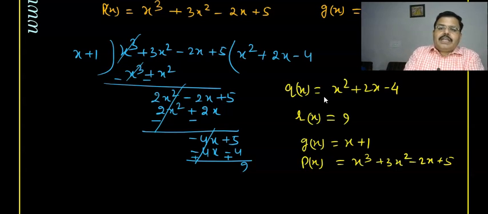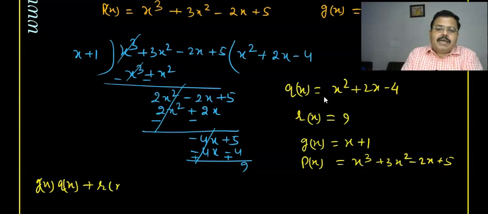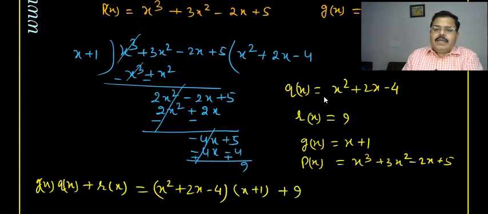So let us check whether G(x) multiplied by Q(x) plus R(x) gives P(x). That is x square plus 2x minus 4 multiplied by x plus 1, plus 9.